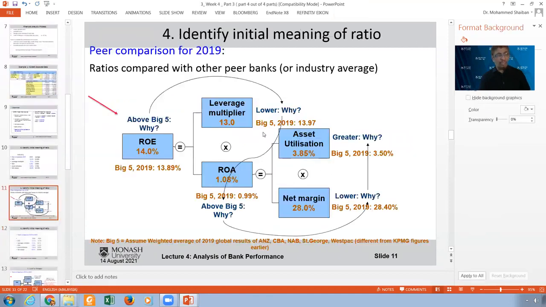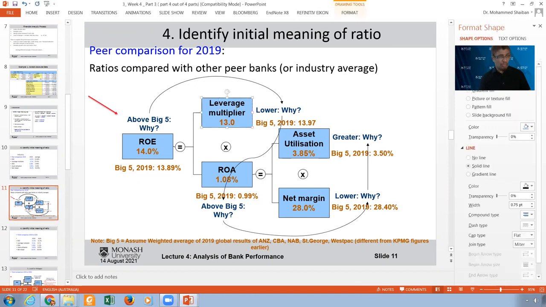So as you can see here, I think I have explained it. When you get the numbers and compare, we have to ask the question, why? So we know that our ROE is high, but to answer why the ROE is high, we have to ask what happened to the leverage multiplier, and the breakdown of the ROE, which is asset utilization and the net margin.